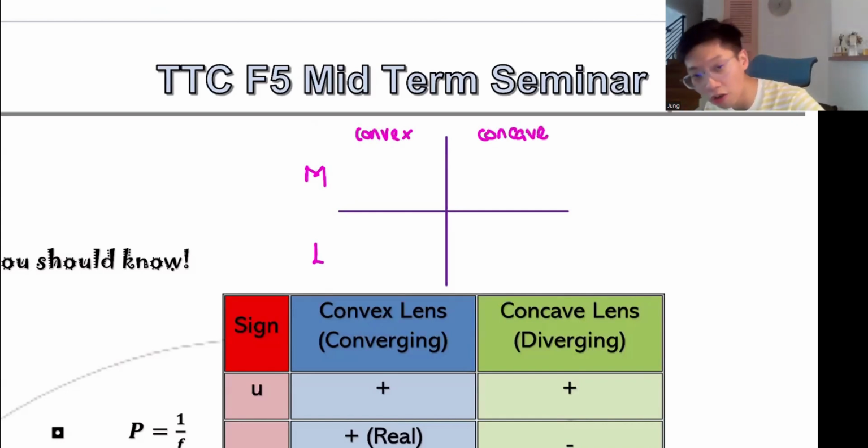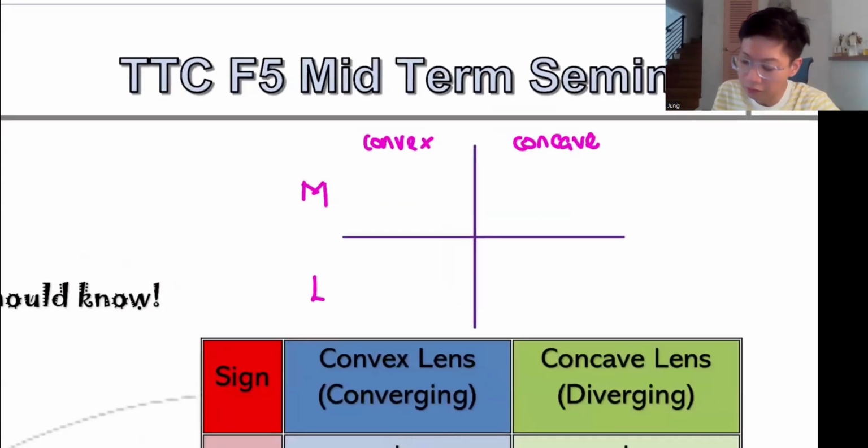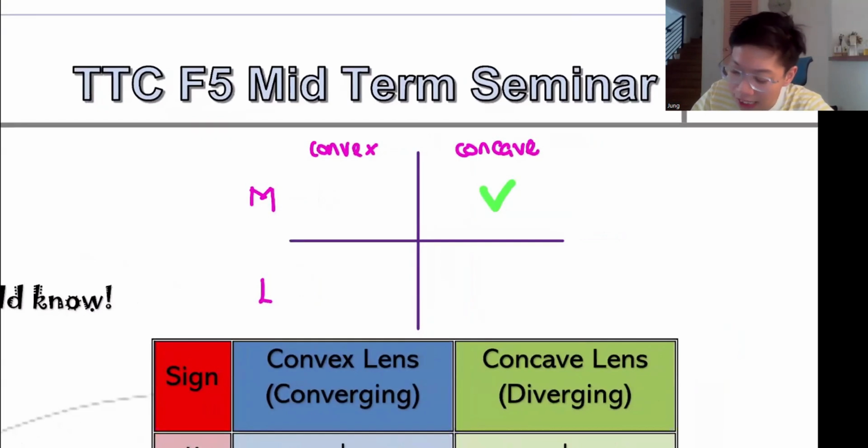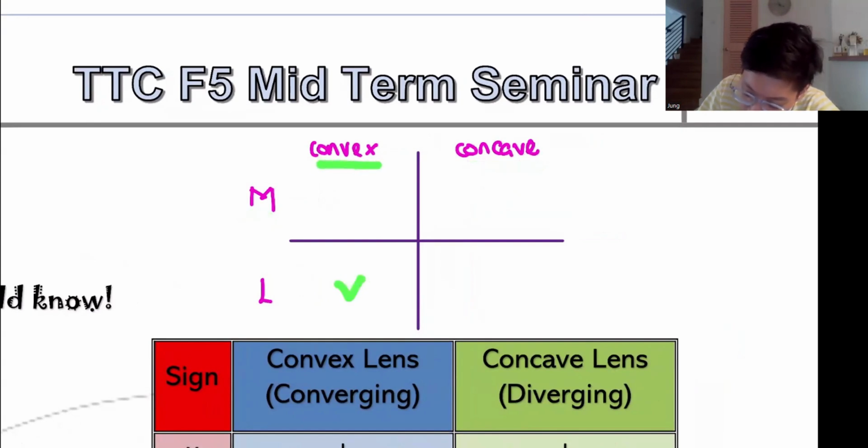When I put my pointer here, I'm referring to a concave mirror. If I put my pointer here, I'm referring to a convex lens. L stands for lens, and this stands for mirror.